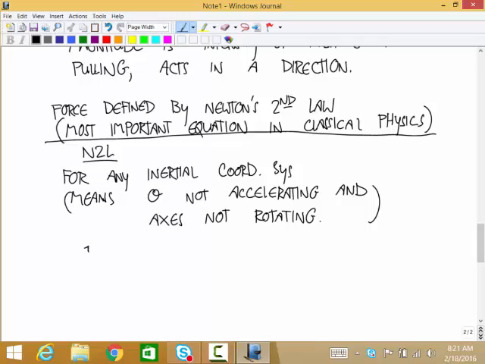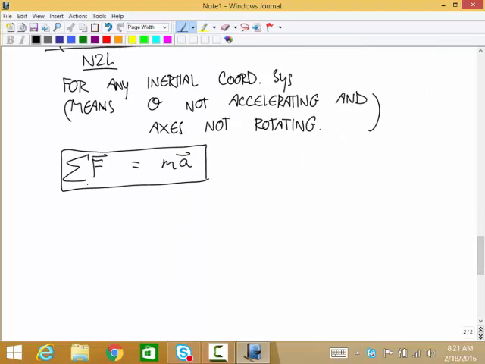Then the sum of the forces acting on an object, so just write it as sum of forces for now, is equal to the mass times the acceleration. That's a super important equation. Let me be more clear about what these 3 variables mean. This one says the sum of all forces acting on the chosen object.